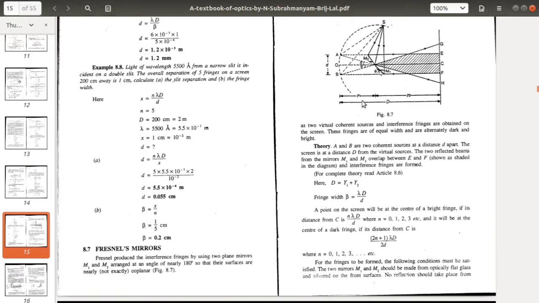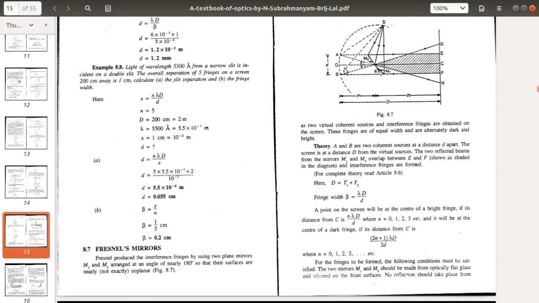The circle can be completed along this. This line OM will be the radius of the circle. Similarly, OS will be the radius of the circle. So OM, BM and AM are the radii of this circle.